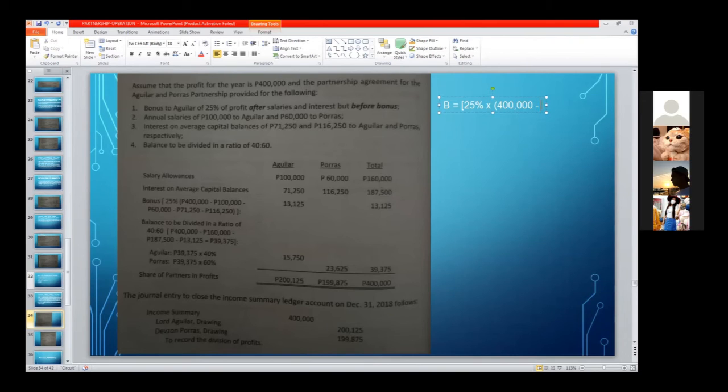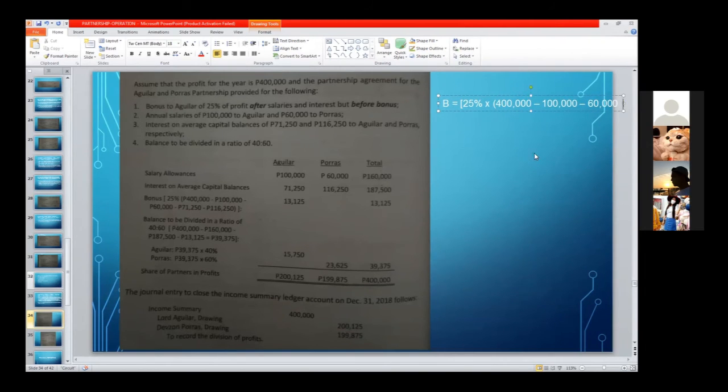Yung salaries po. So magkano yung salaries nila? Kay Aguilar, 100,000. So 100,000 and then, sa salaries muna tayo para di tayo malito. 60,000 po kay Porras.